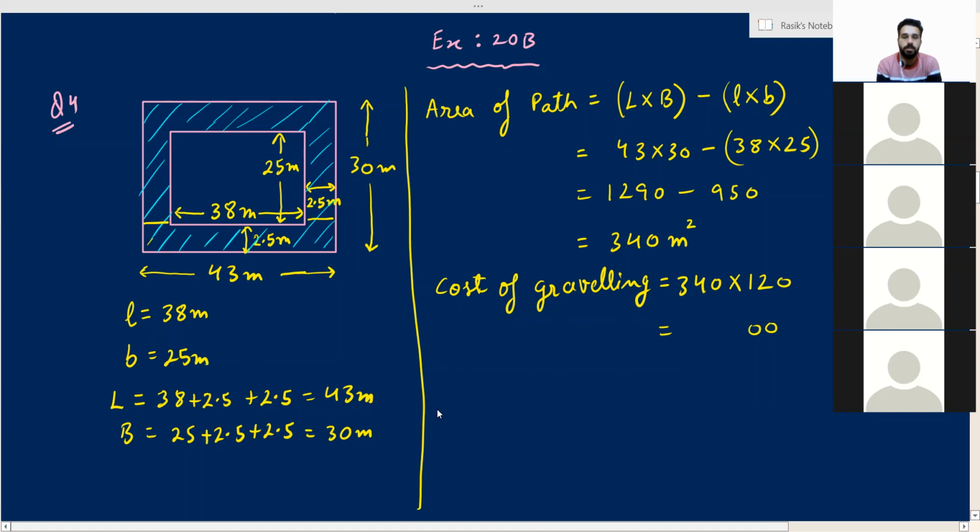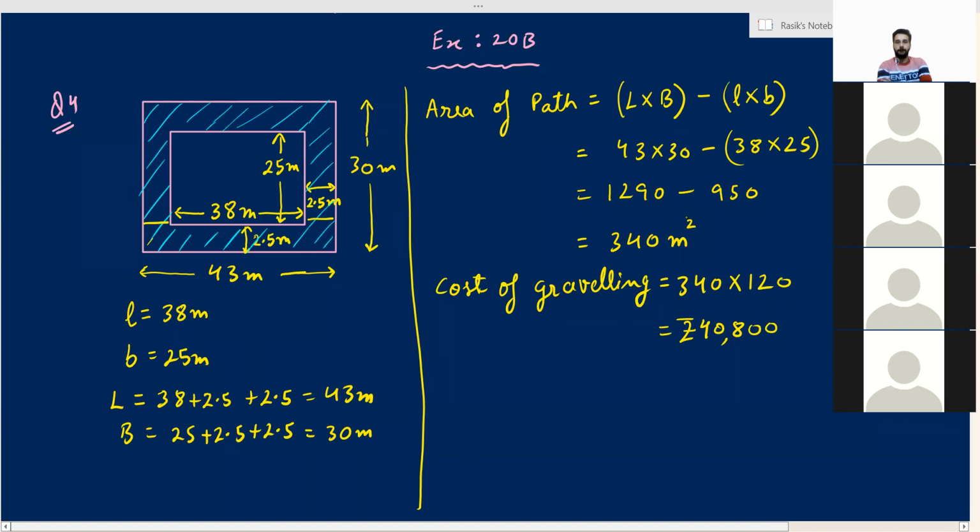So 40,800. Absolutely right again. Rupees 40,800. This will be the total cost of graveling the path. Understood? The concept is clear. Is there any doubt in the whole question? No, sir.